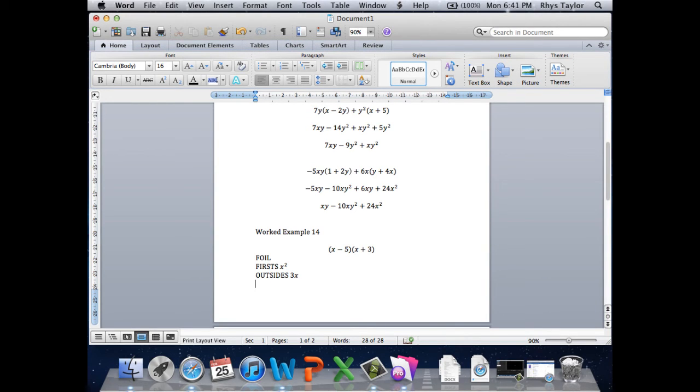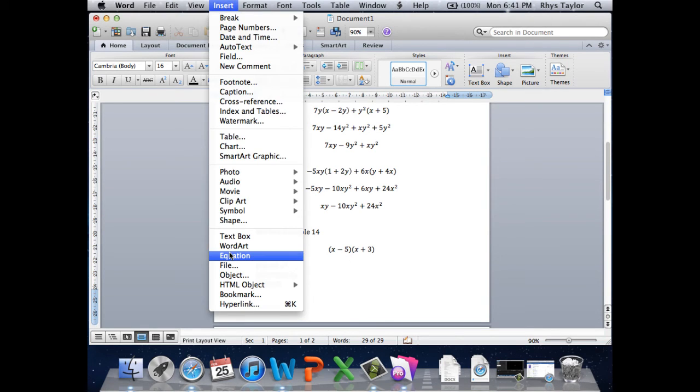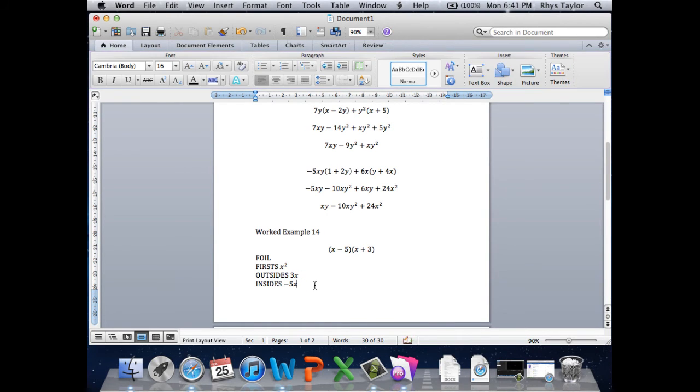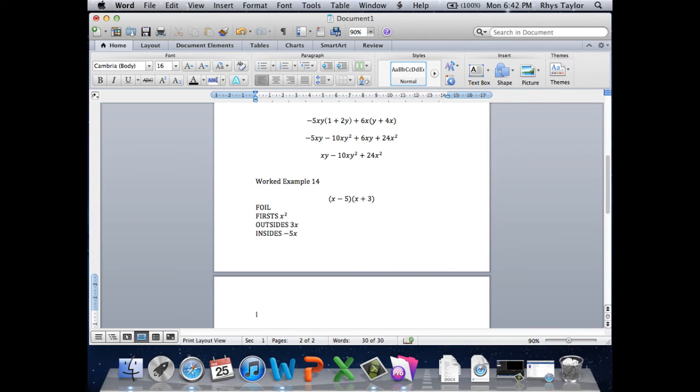Then I do my I, which is my insides. Negative 5 times x gives me negative 5x. And last but not least is my lasts, which is the last here and here.